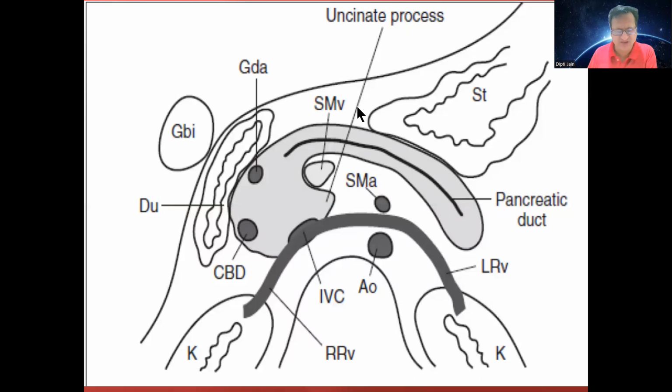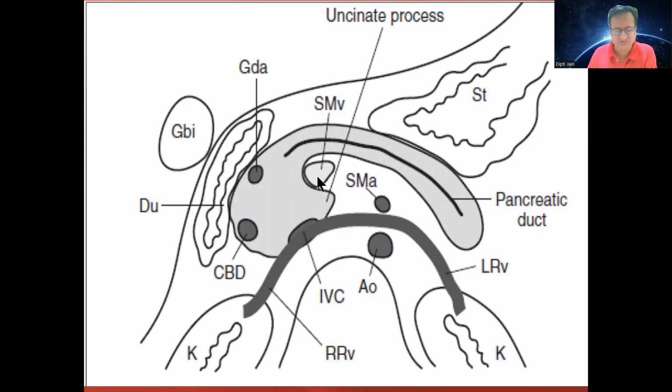This is the antrum of the stomach, which is present anterior to the pancreatic body, and posteriorly all these vessels are there, as we enumerated. Posteriorly there are superior mesenteric artery and vein.